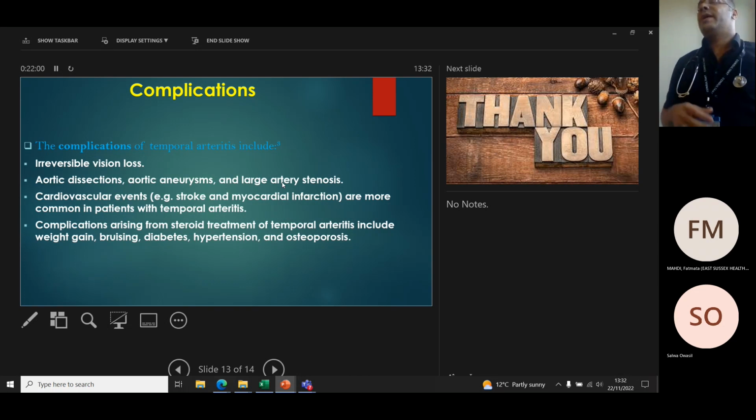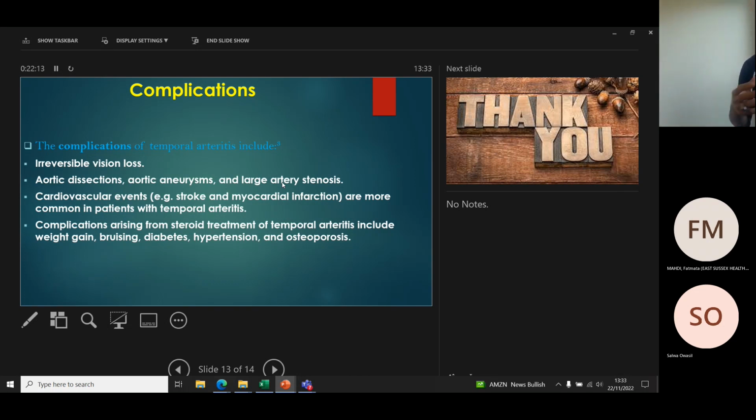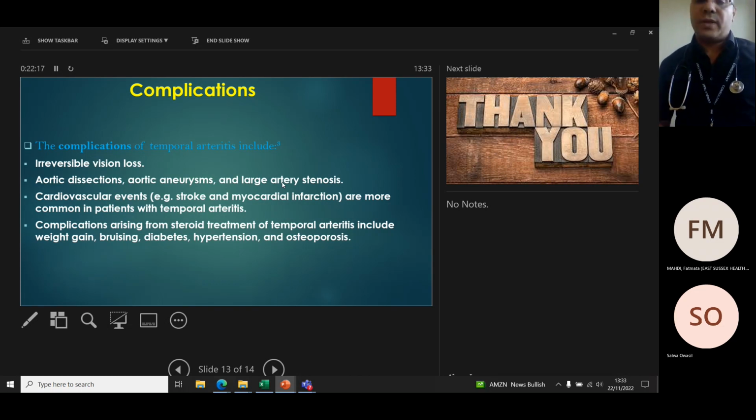CVA can be one of the complications as well of temporal arteritis. Stroke and myocardial infarction are more common in patients with temporal arteritis. So it's not only threatening the vision, it can threaten the heart also. It can be associated with CVA, and with MI as well.